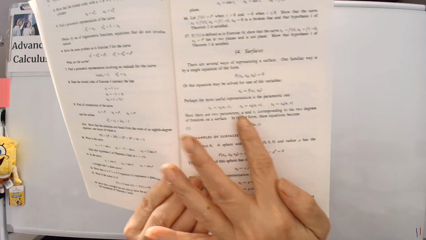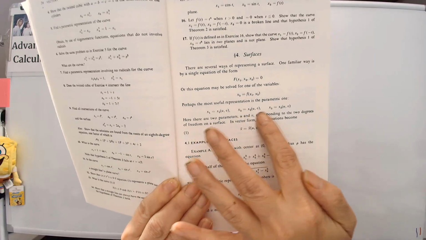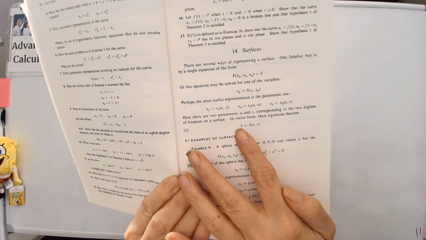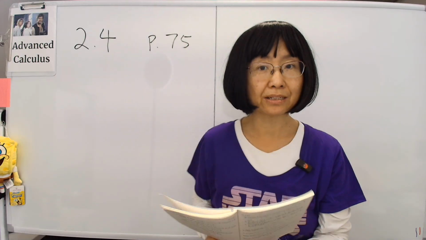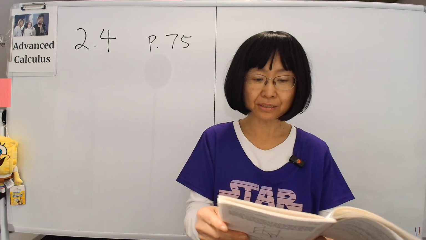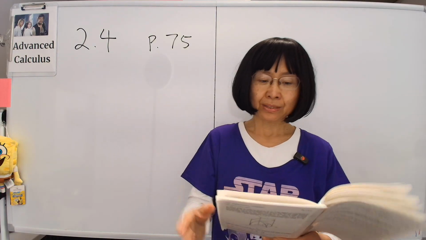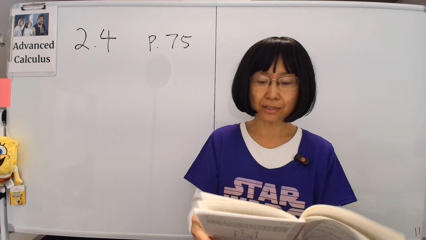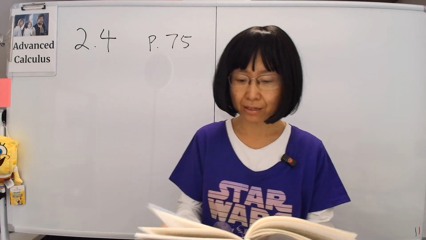This is a compact way of saying x1, x2, and x3. We will call this equation 1, the parametric representation of the vector x with two variables to represent a surface.